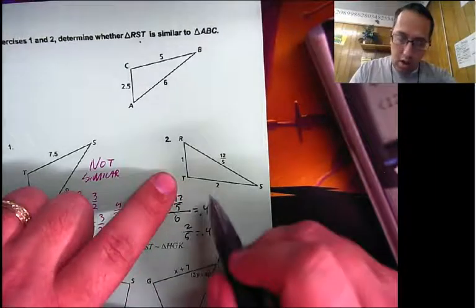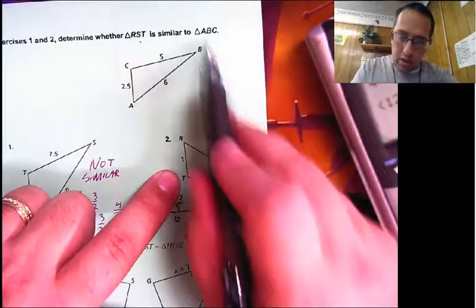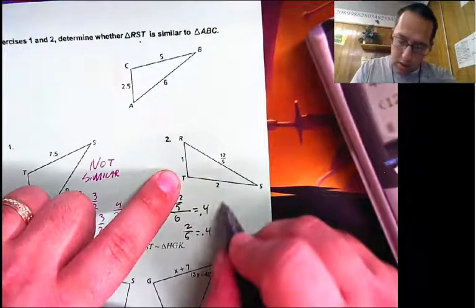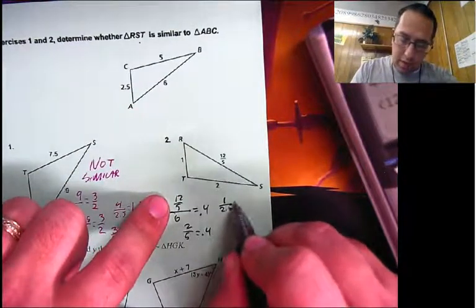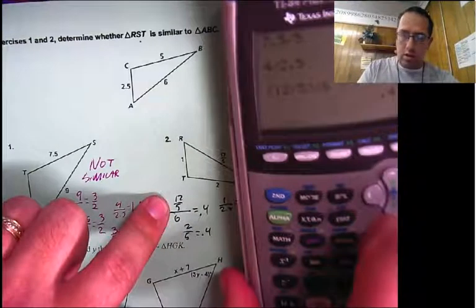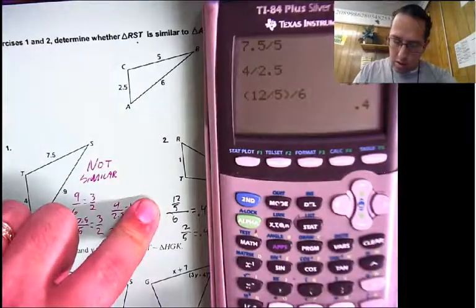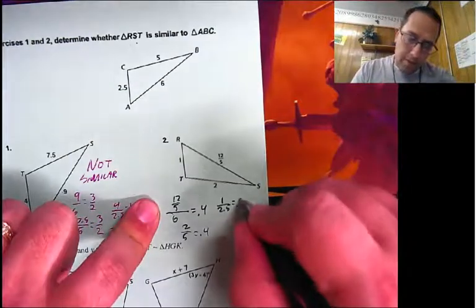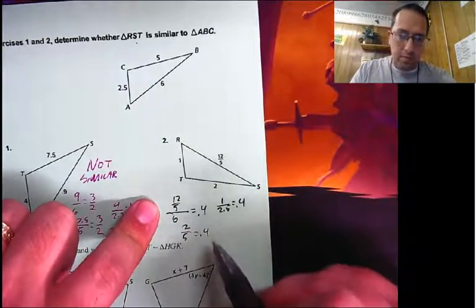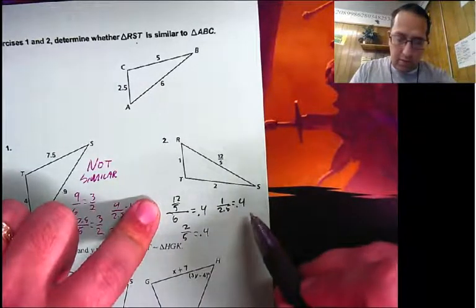Let's see if the last one works. So the last one would be RT to AC. So RT is 1, AC is 2.5. So let's see what that gives us. 1 divided by 2.5 is 0.4. All right. So 0.4 equals 0.4 equals 0.4.